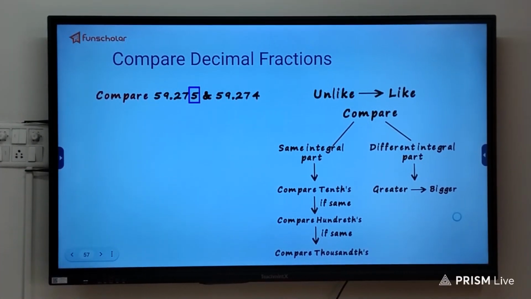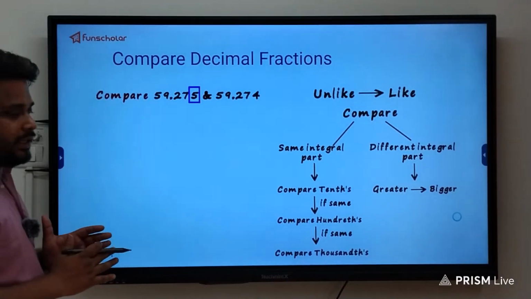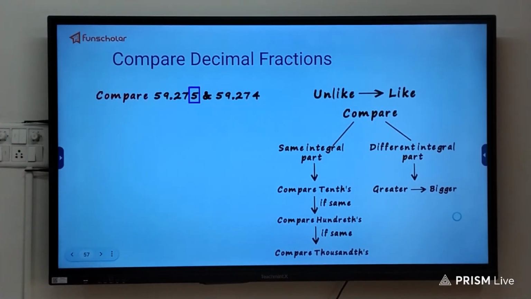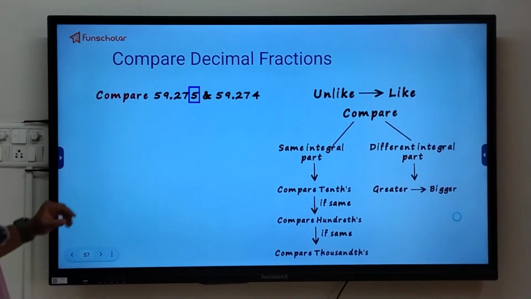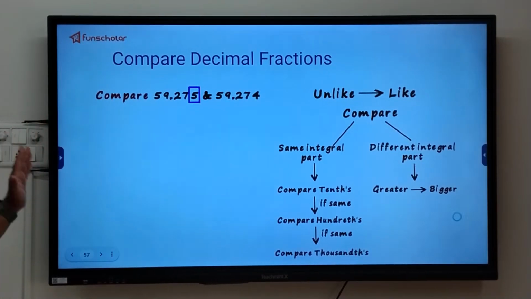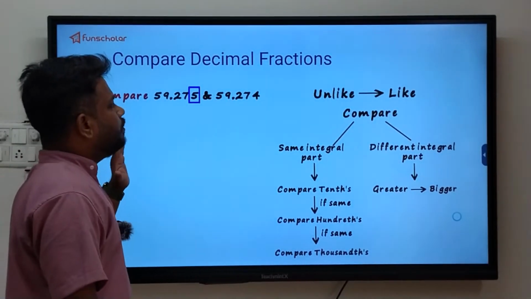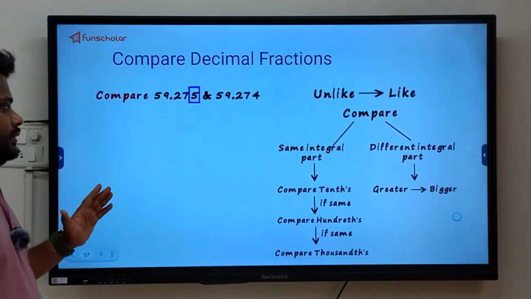Now we have to compare two fractions to make them likely or unlikely. Now we can compare decimal fractions from unlike to like fractions.